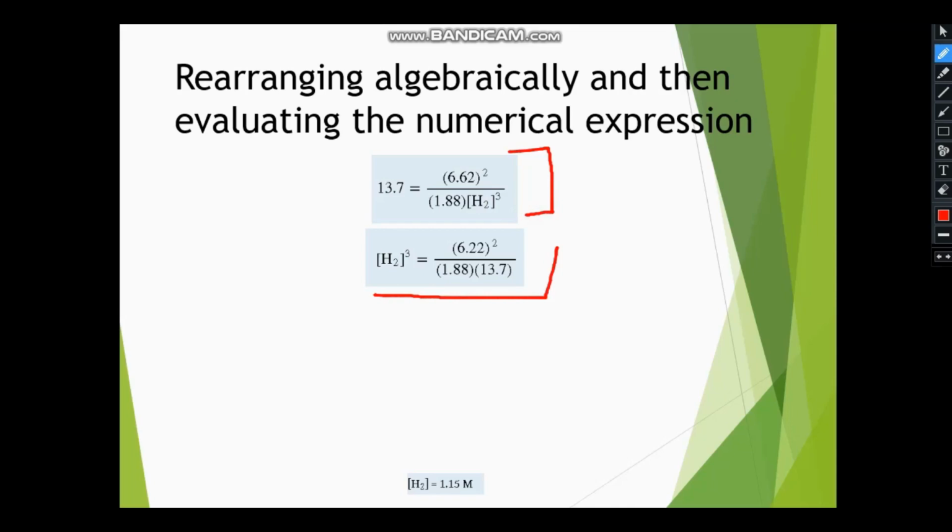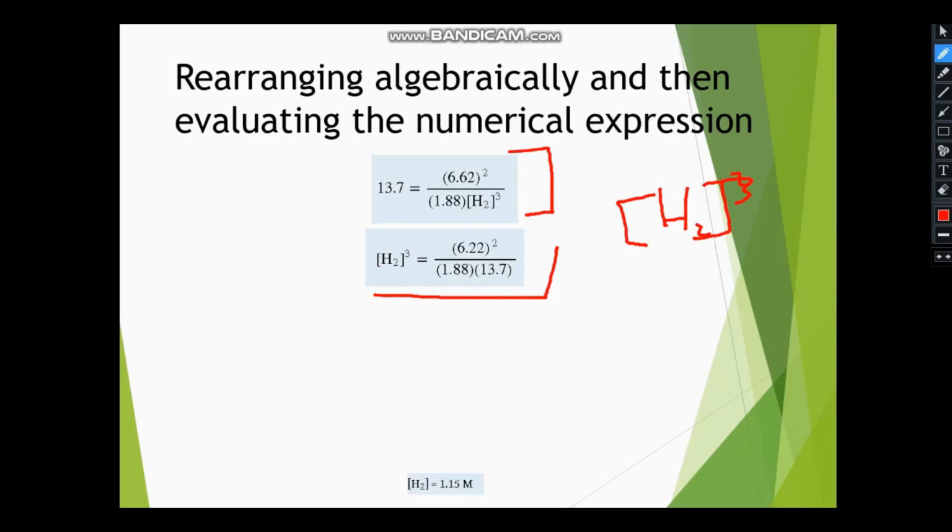Now after we have this new expression, when you look at hydrogen, the concentration of hydrogen is to the power 3. So this simply means we need to have the cube root.